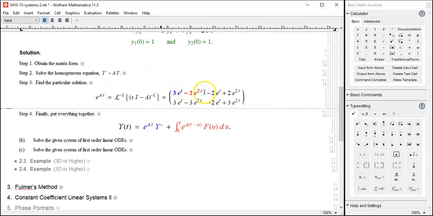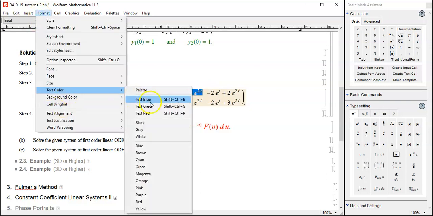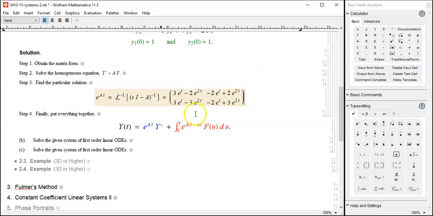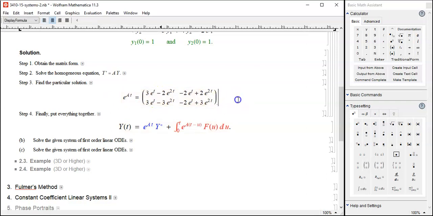We got it, and I don't need this color coding anymore, so let me keep everything in black. Okay, we got it here. And we want e to the t minus u power. How do we get that? All I have to do is to replace t by t minus u.